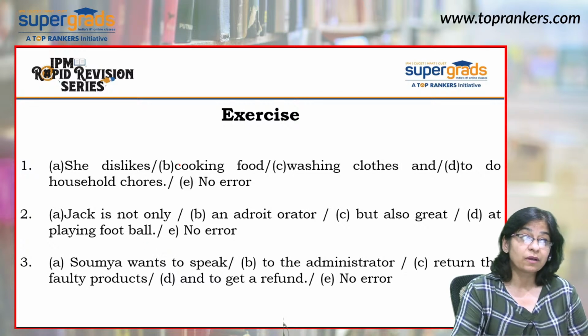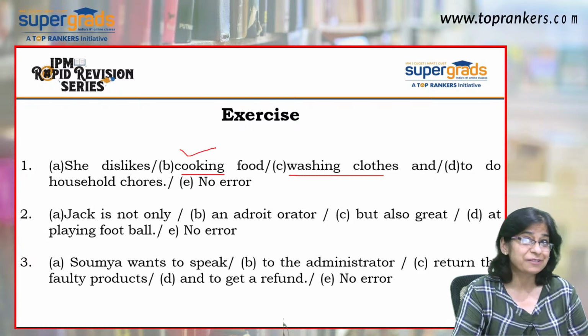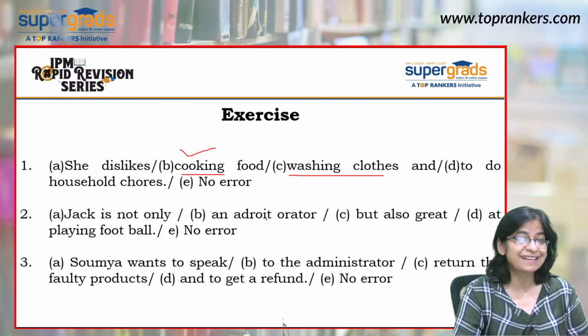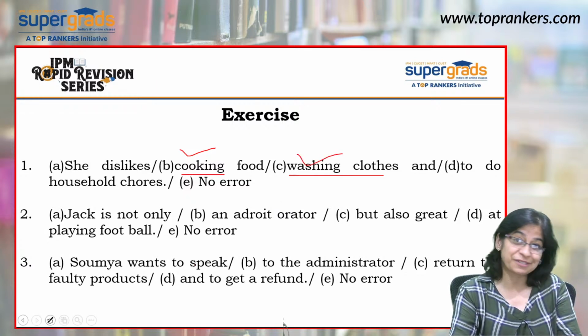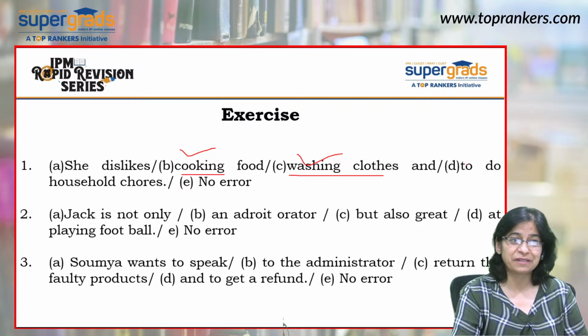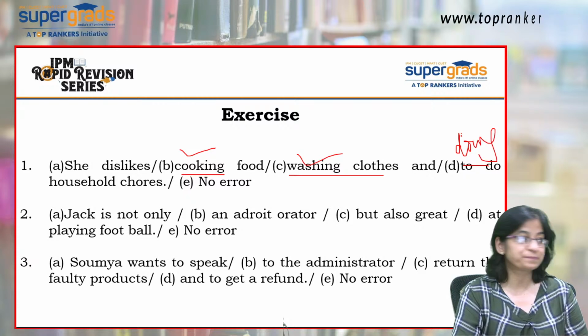Well, these are again the names of the activities that she dislikes. She dislikes cooking, and probably she just likes eating. Washing clothes. She just wants to wash clothes. She doesn't like washing them. And instead of saying to do household chores, how about doing household chores?